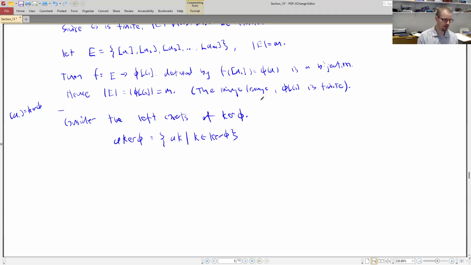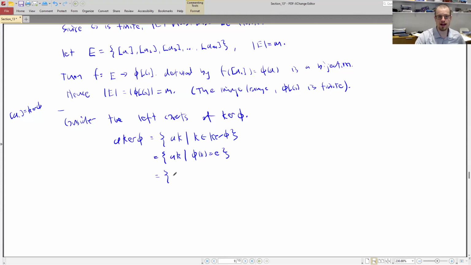Cool, that's just the definition of a left coset. But let's utilize the definition of a kernel for a moment. This being the kernel means that phi of K is equal to E.